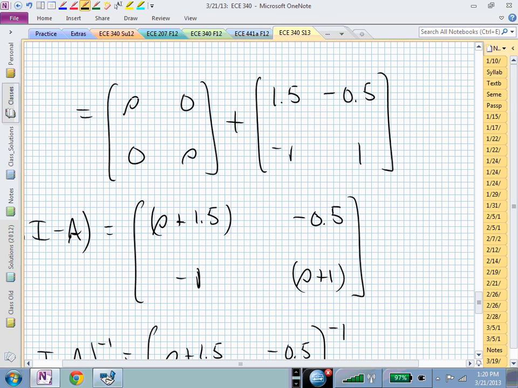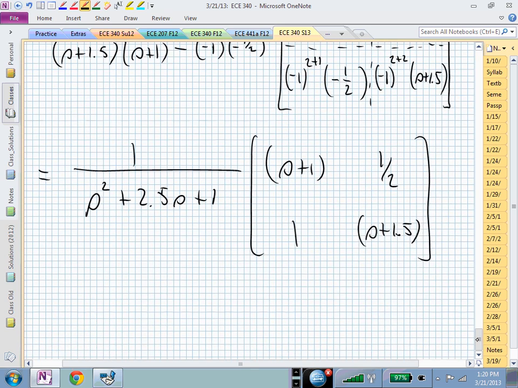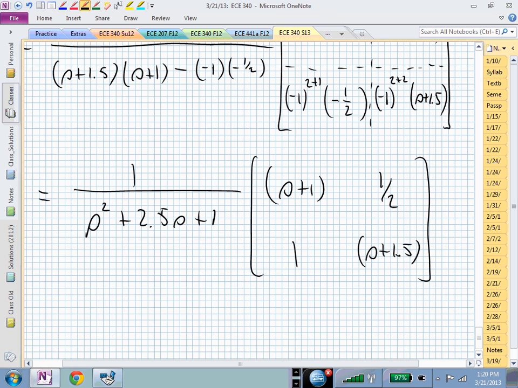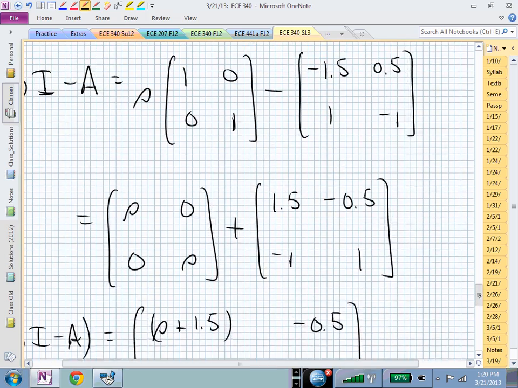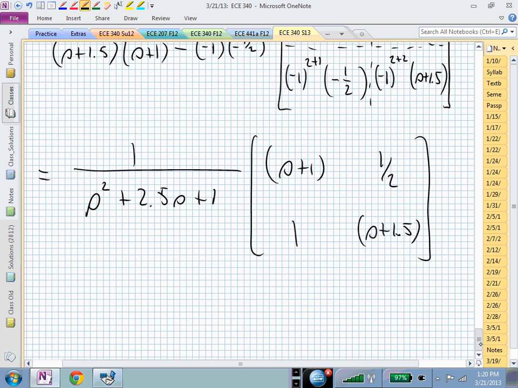And if we wanted to find the inverse of that, what we do is we take 1 over the determinant, and then we flip the diagonals and change the sign of the off-diagonal terms. That's the relationship, or this 2-by-2 trick. And you can do that on an exam or homework if you want. You don't have to go through all of this, or you can let your calculator do it.